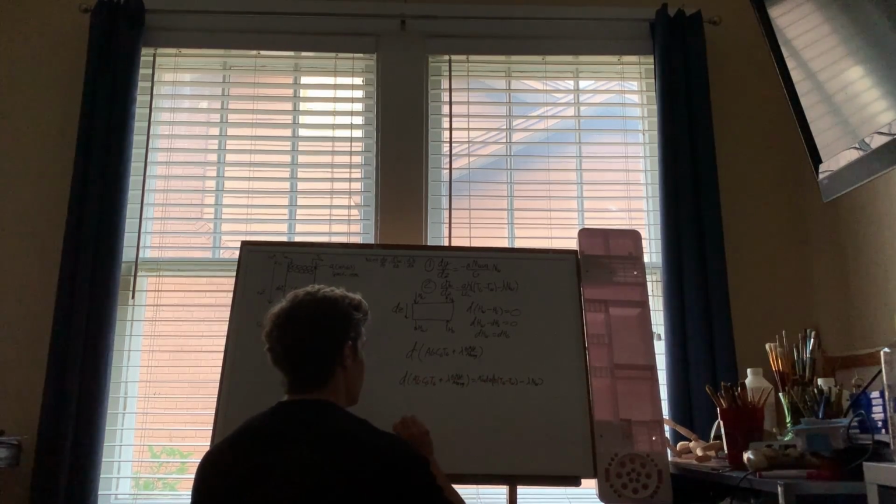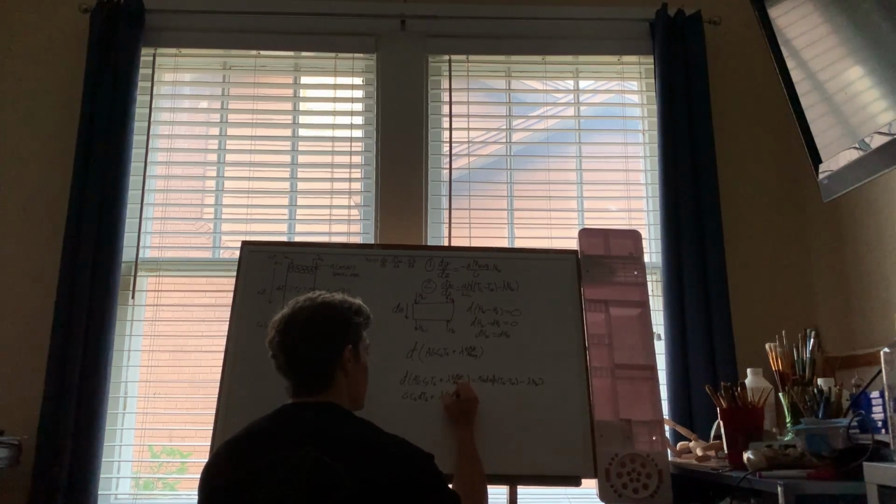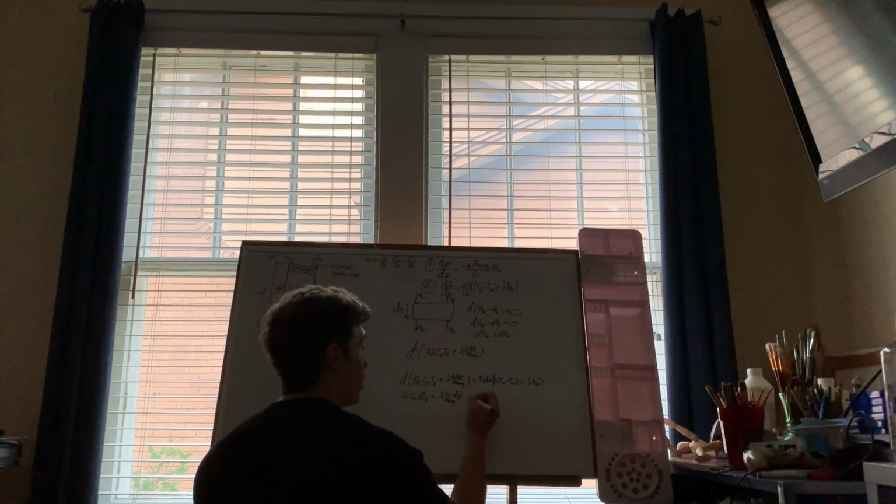So what we're left with is our gas flow rate times our heat capacity of our gas times the change in temperature of our gas, plus our heat of vaporization of our water times our gas flow rate over our molecular average weight, multiplied by the change in our mole fraction of water.